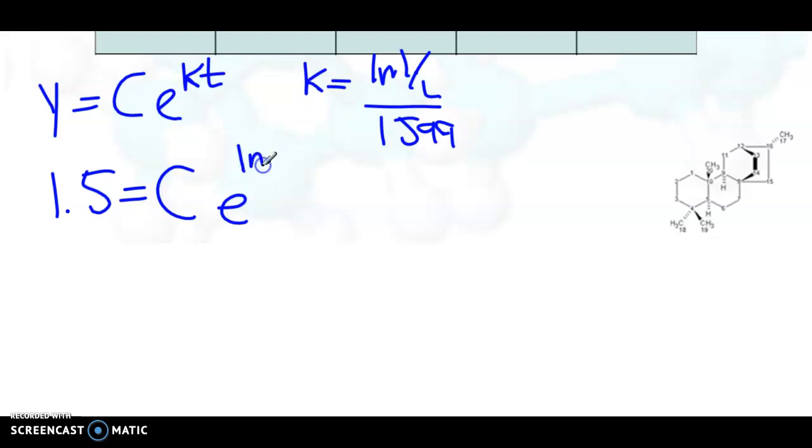So the natural log of 1/2 over 1599, and then our time was 1,000 years because that's what it says in our table.